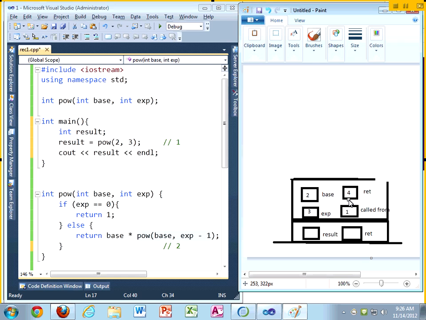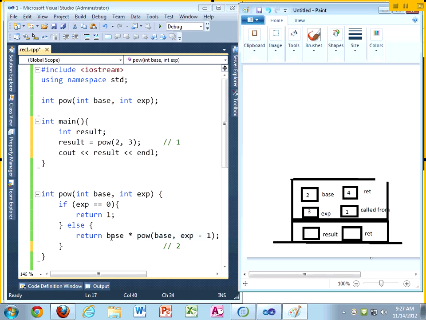Okay, so now I'm ready to continue execution from where I left off here. Here I was called from place 1. So I'm doing something not quite right here, because we should be down here, right? We still have to say return base times the function call's return value, right?